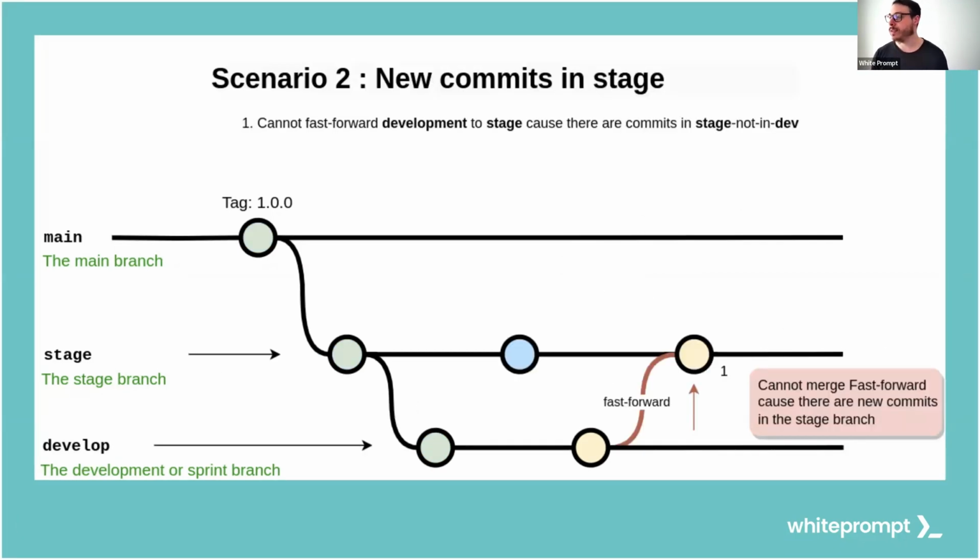Let's do a second scenario similar to the other, but instead of having new commits on main, we have new commits on stage. So same scenario, stage starting from main, develop starting from stage, and we have developed a feature and we want to merge fast forward to our stage branch. As you can see, there are new commits, so I won't be able to do this. So how do I fix it?